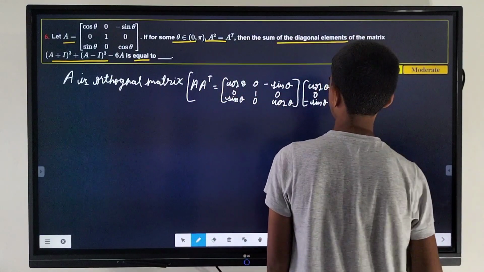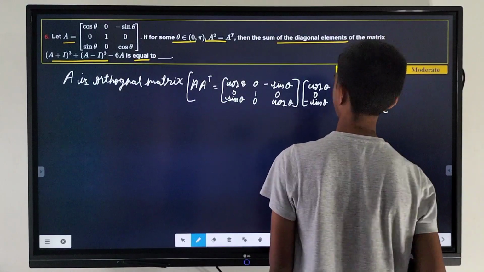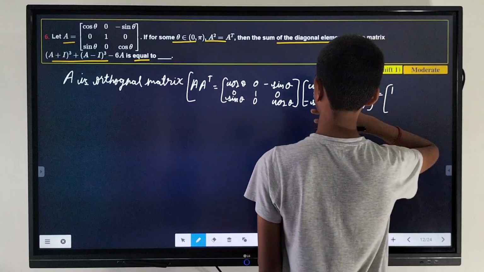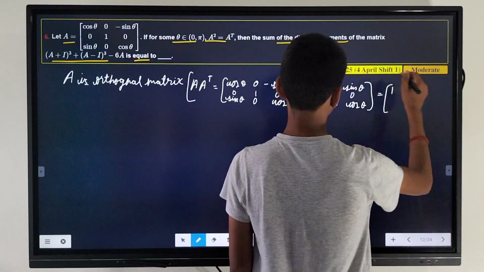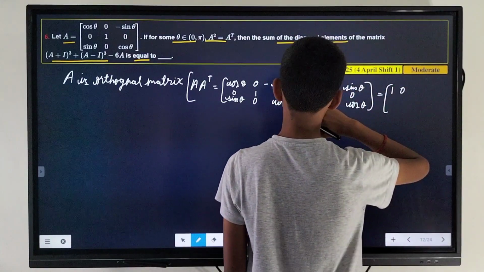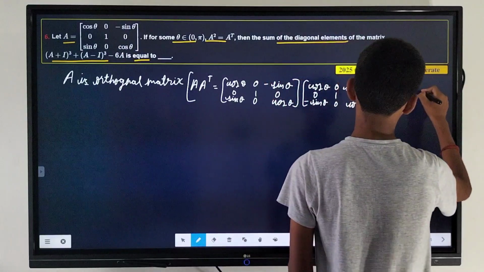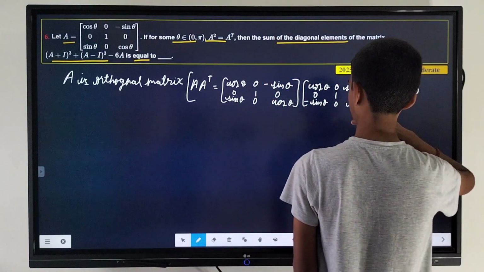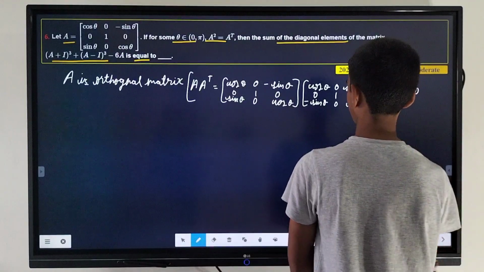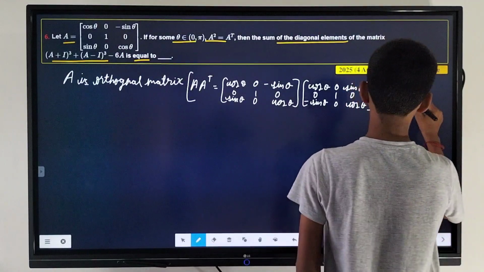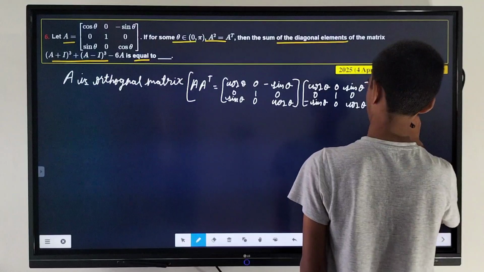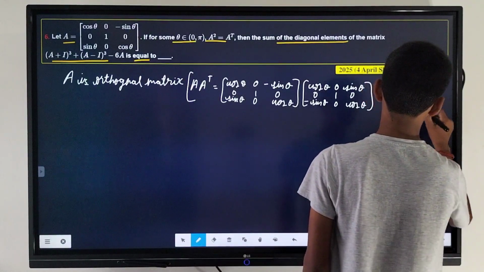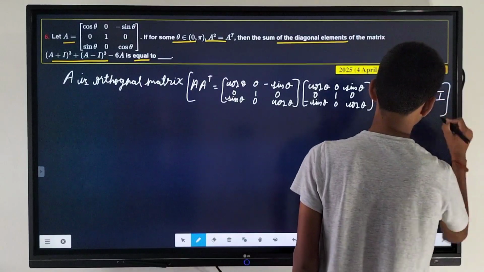So this is equal to 1 0 0, 0 1 0 and 0 0 1, which is equal to identity matrix.